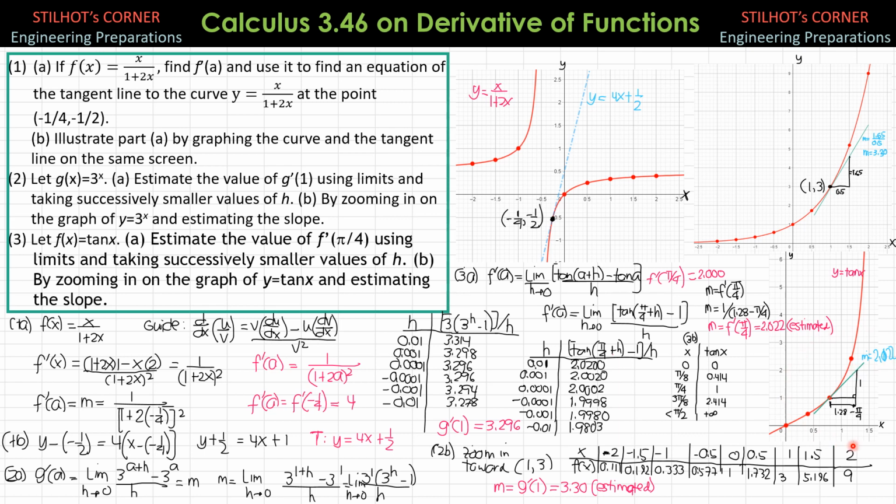You may modify this further. Then this is pi over 4 when x is pi over 4. That's why tangent of pi over 4 is 1. So the slope based on estimates is 1 over quantity 1.28 minus pi over 4, and that's 2.022. That's the estimated value. So that's it for this problem. This is the actual slope, 2.